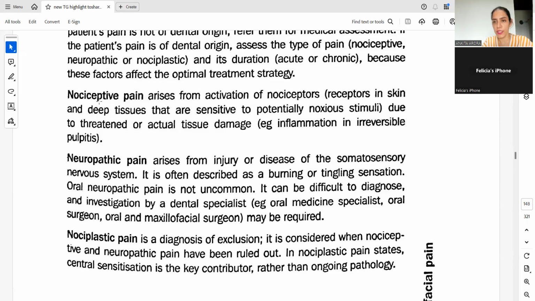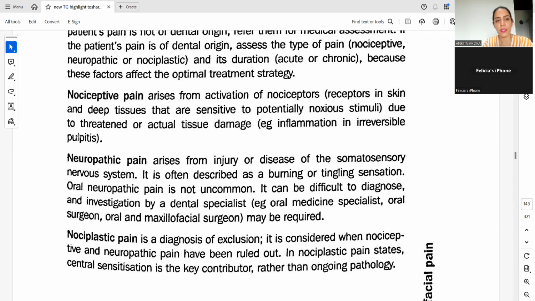So first is nociceptive pain. It arises from activation of nociceptors, receptors in skin and deep tissues that are sensitive to potentially noxious stimuli due to threatened or actual tissue damage. Example, inflammation in irreversible pulpitis.